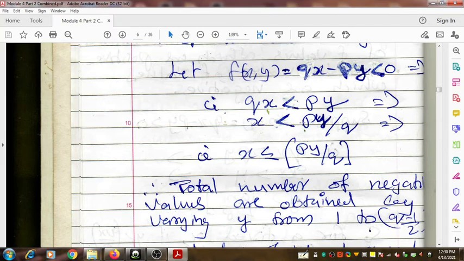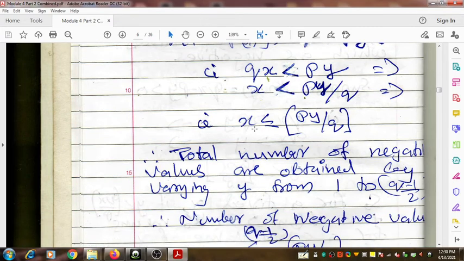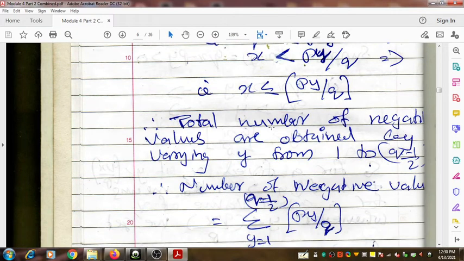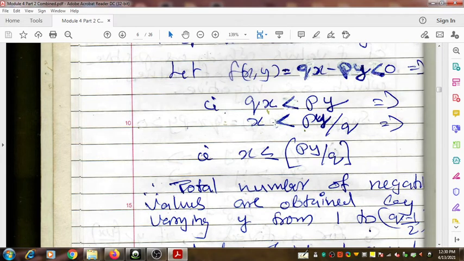For all those values of x which satisfy the condition x less than py by q, the condition x less than or equal to py by q in square bracket is satisfied. Less than or equal to is correct. In the previous case also, you have to put the equal to there, the greater than or equal to symbol must be there.